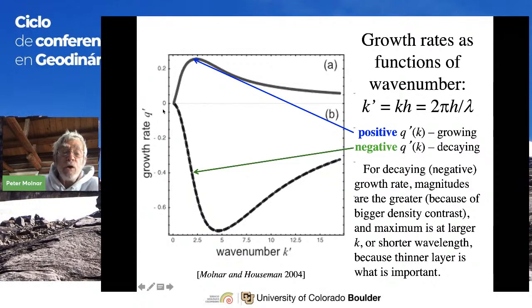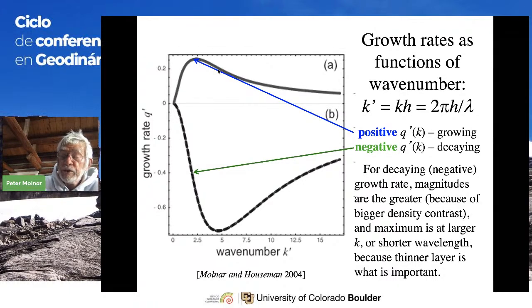So if we look at growth rates, again, non-dimensionalized here, versus wave number, they peak and they're positive for the growing case with mantle lithosphere sinking. And remember, this is done differently for some reason, but anyway, the maximum growth rate is 2.6 times the thickness of this mantle.